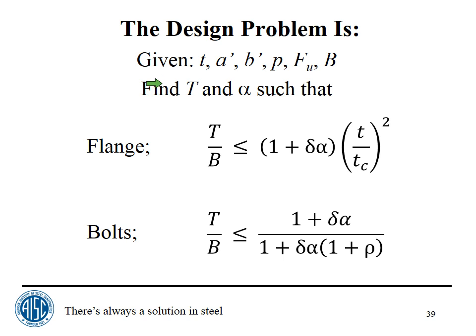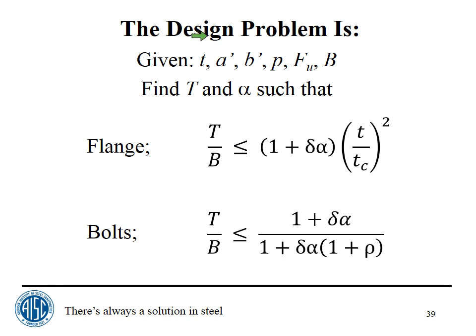We want to find T and alpha such that we satisfy these two inequalities, T being the demand, the load that we can apply, the required strength, and alpha being the ratio of the moment at the bolt line to that at the stem line.